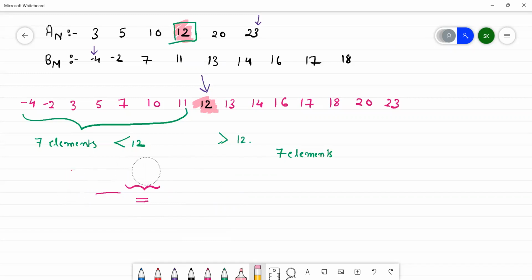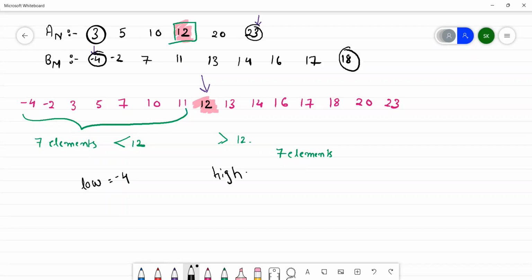Okay. Now what I am trying to say here is, can't there be a way you can just take your low number as the lowest among the first numbers? Let's suppose I take my low as -4 and my high number as the maximum among the maximum numbers in both the arrays. So I will get my high as 23.